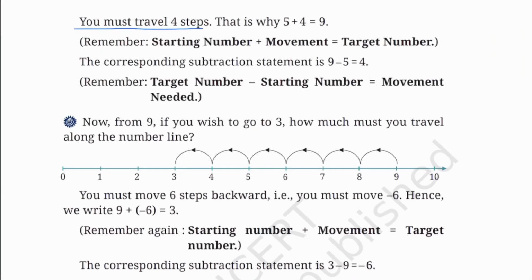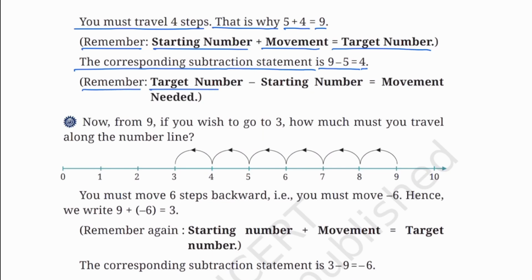You must travel 4 steps. That is why 5 plus 4 is equal to 9. Remember, the starting number plus movement is equal to target number. The corresponding subtraction statement is 9 minus 5 is equal to 4. Remember, target number minus starting number is equal to movement needed.